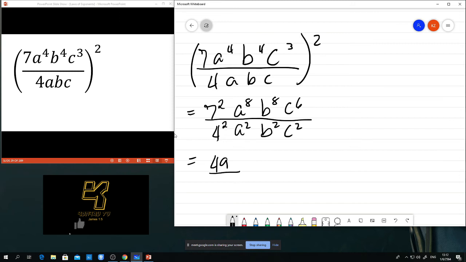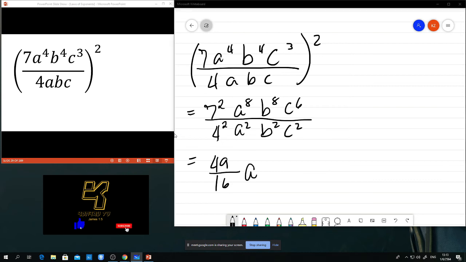What is 4 to the power of 2? 49 over 8. Oh, no, not 8. 4 times 4 times 4. 16. Okay. Then what are we going to do with this one? a to the power of 8. What do we do when we divide? What do we do in the law of exponent?